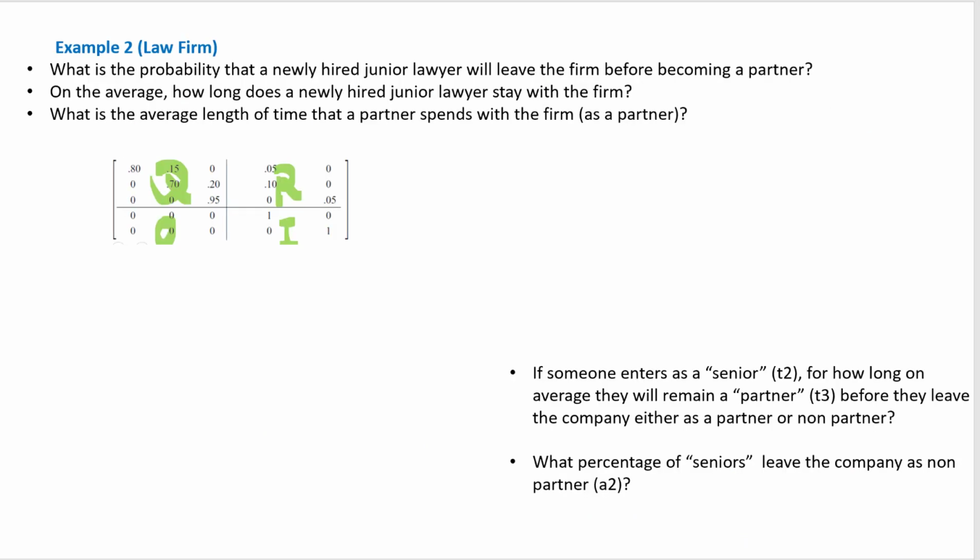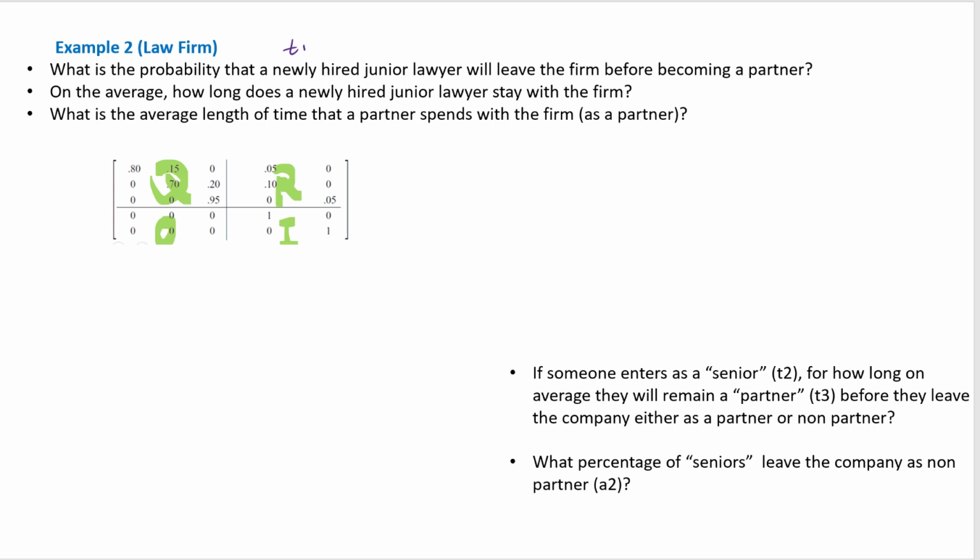The second example asks what is the probability that a newly hired junior, transient state 1, will leave the firm before becoming a partner. So here it's asking about going to the absorbing state. Basically, what's the probability that they leave the company as a non-partner?